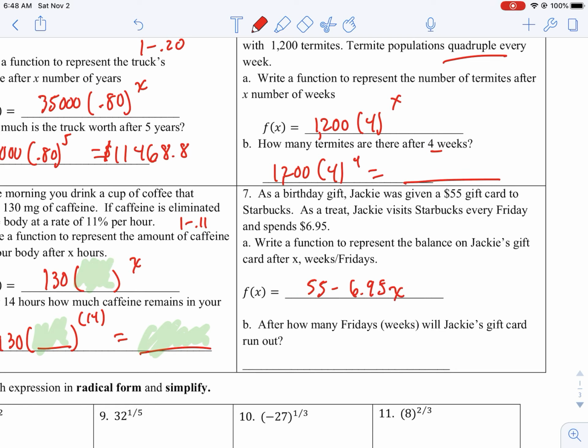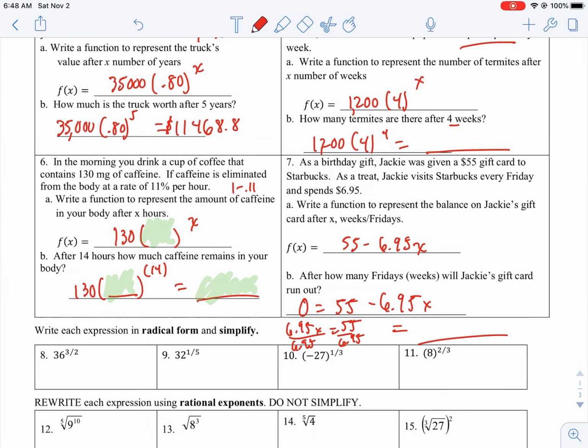So how many Fridays until she runs out? So we said 0 equals 55 minus 6.95x. Add 6.95x: 6.95x equals 55. Divide 55 by 6.95 and see what you get. Nice job, everyone.